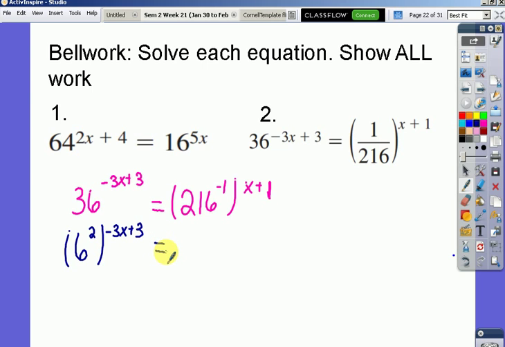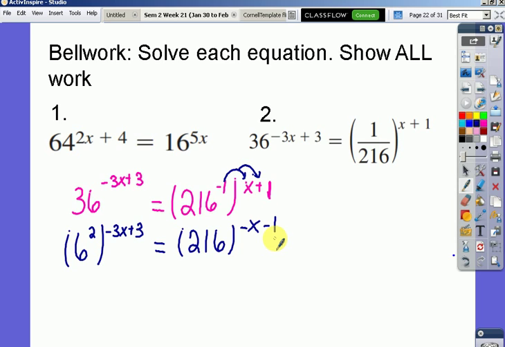equals. Okay, so what I wanted to do here before I changed that to 36 squared, or 6 cubed, sorry, is I actually distributed that negative 1. So I have 216 negative x minus 1. Okay, now I'm going to change that to 16.